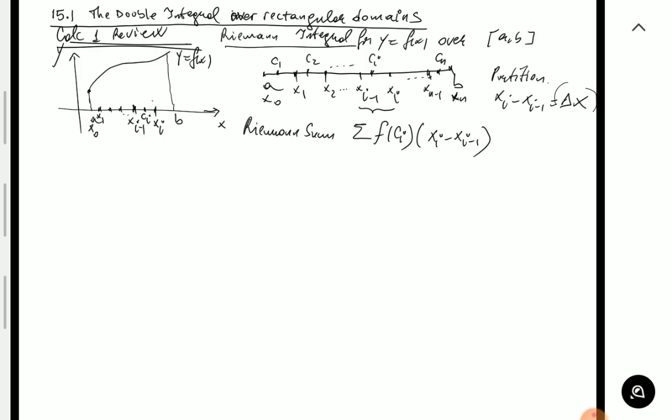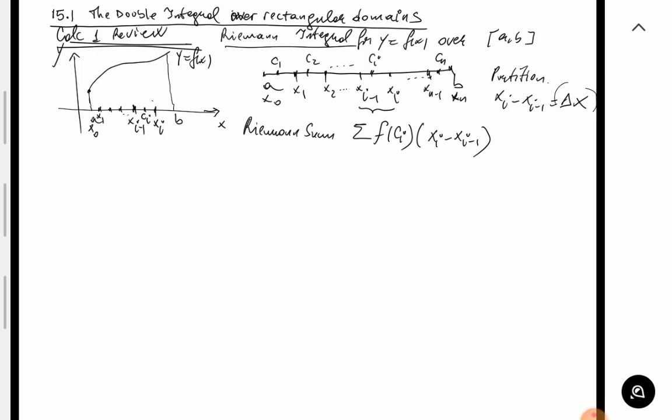You will split it into non-overlapping simple pieces. In the case of an interval, those are segments, obviously. You pick an intermediate point in each piece. You evaluate the function at that point. You multiply that evaluation with the length of the segment, or more generally with the measure of that piece.